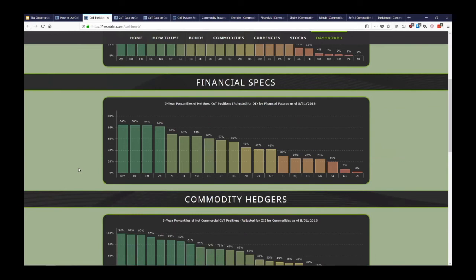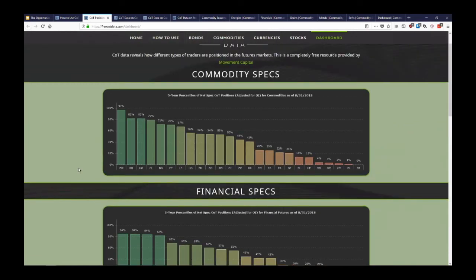But if you've got a thesis and a big component of it is the fact that US dollars are crowded long and maybe they expect that trade to reverse, then positioning could likely be an accelerant in some of the more crowded shorts, like the Swiss franc and the New Zealand dollar. So that definitely sticks out.